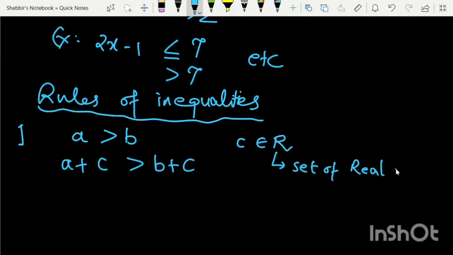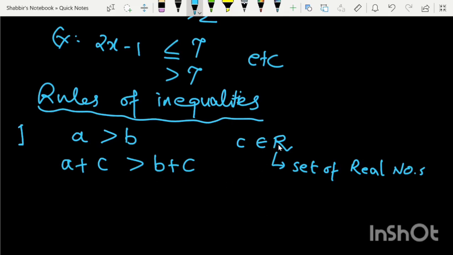Set of real numbers means real numbers include all rational numbers, irrational numbers, all integers, natural numbers. Real numbers is a superset of all these infinite sets you might have seen in the chapter on sets.